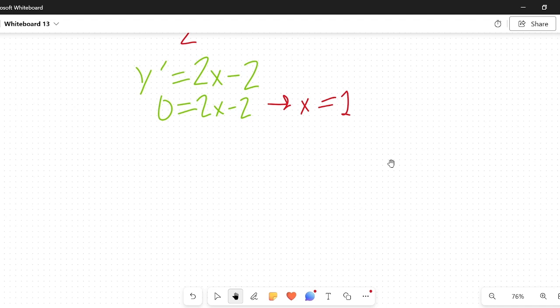So for increasing and decreasing functions, a function f is increasing on an interval when for any two numbers x1, x2 in the interval, x1 less than x2 implies that f of x1 is also less than f of x2. And it's decreasing when f of x1 is greater than f of x2, right?